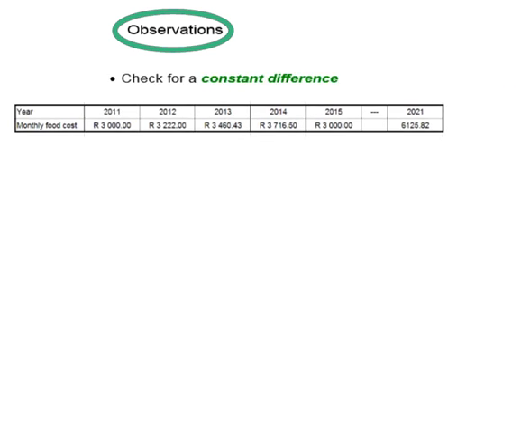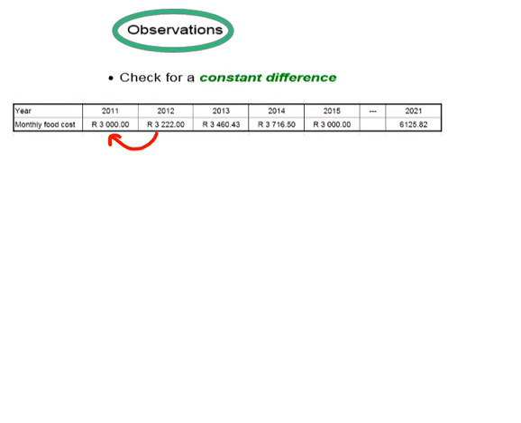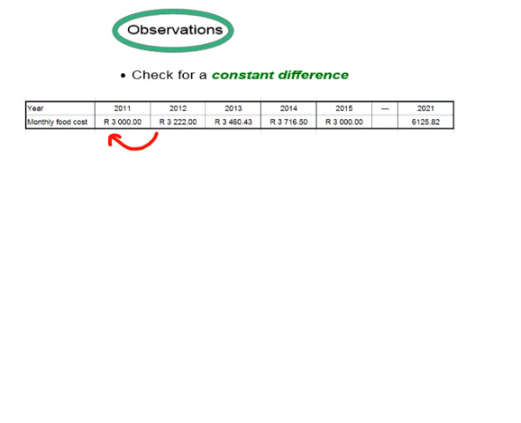Right, this is just what I've been saying to you: check for a constant difference. So we are going to take that value minus the previous, and each of these gave you a different value.